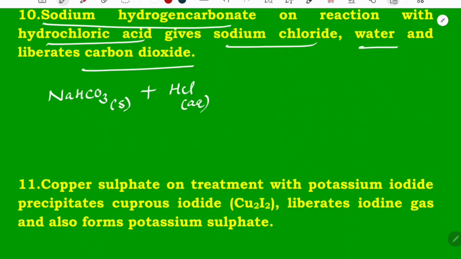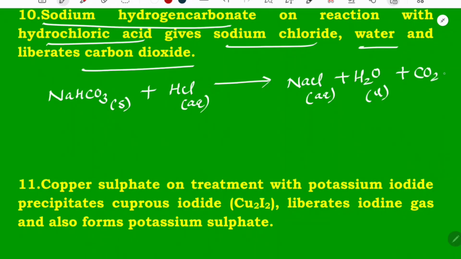Why? Because HCl is a gas, actually it is dissolved in water to form an aqueous solution of hydrogen chloride, so simply we can call it hydrochloric acid. So it can form sodium chloride, NaCl, which is aqueous, and water, which is a liquid. Then it liberates which gas? Carbon dioxide gas.